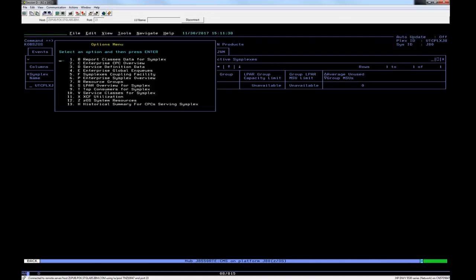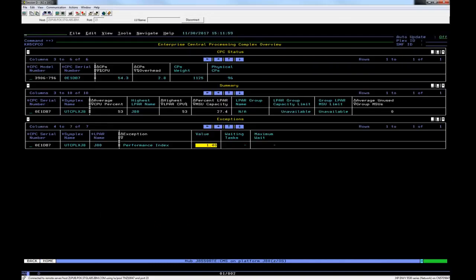Now, in OMEGAMON, we take two views, one at the Sysplex level and one also at the complex level. So option 2 here is the enterprise CPC overview. Basically we'll see here that the complex we're running on is actually a z14, which is why I wanted to use this system to demonstrate some of the new features in the 550 later on.